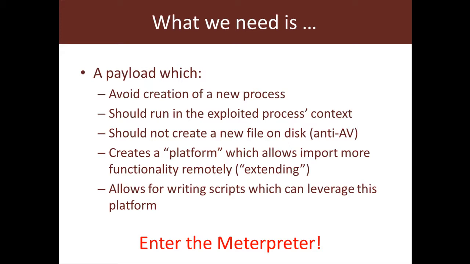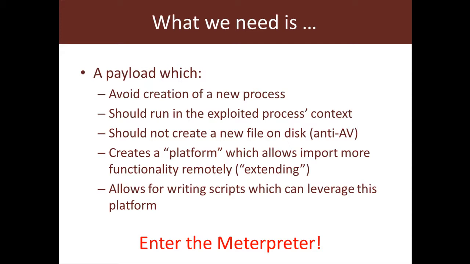Now, what is required on top of this is basically that this payload provides a platform which the attacker can easily extend at runtime. What we mean by that is additional functionality can be added as and when required at runtime itself. So in the previous case, even though we had a shell, all we could do is what the functionality the shell offers.